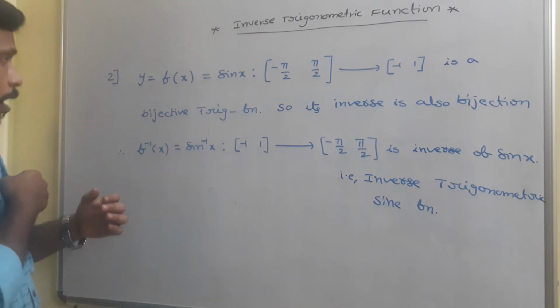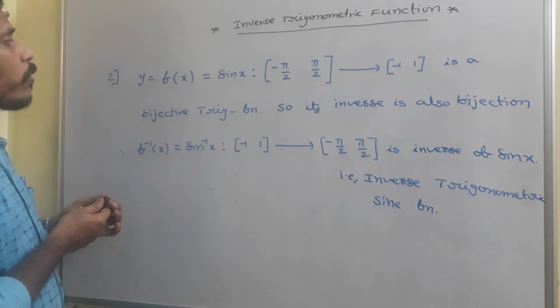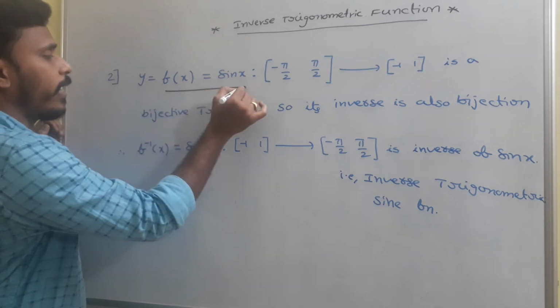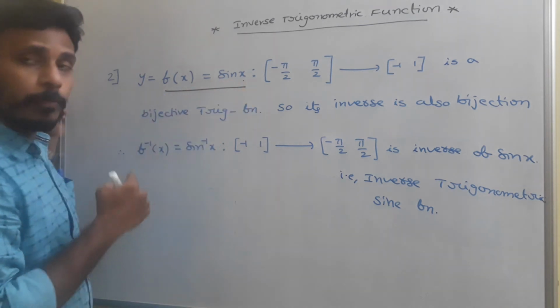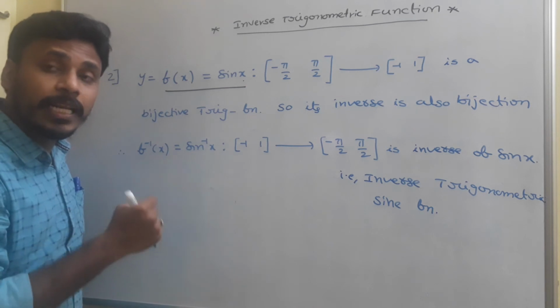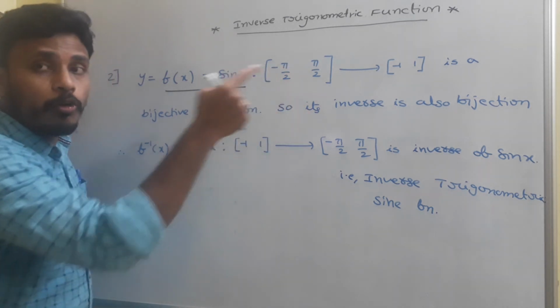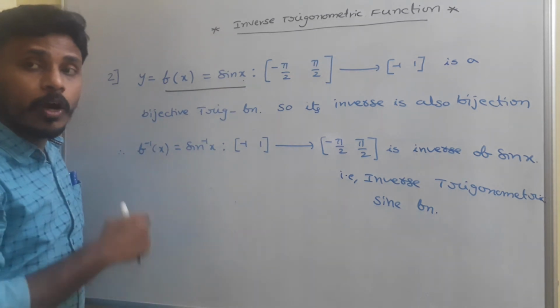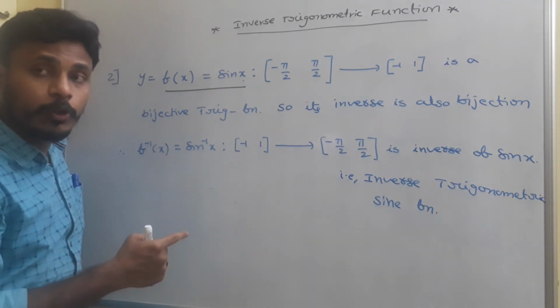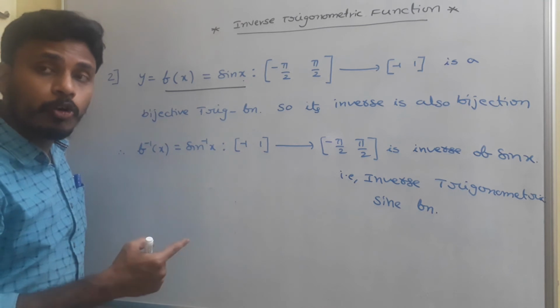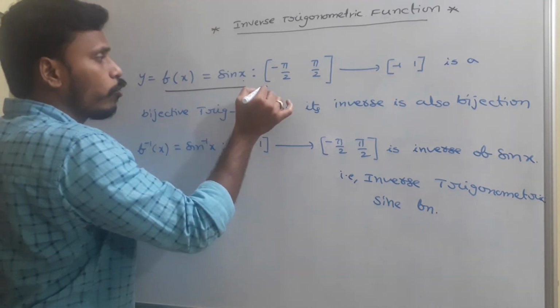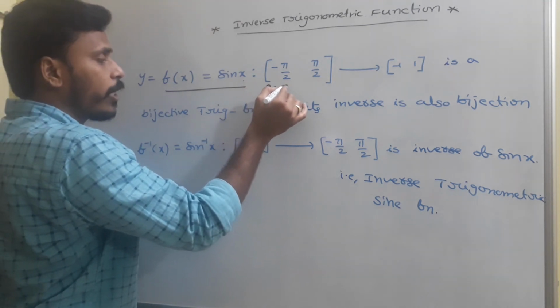Just have a look. When you think about y is equal to, or f of x is equal to sin x, this x is the input, and those inputs are real angles, okay, real angles, whereas the output is from minus 1 to 1, the f of x and the y values are the outputs, where the outputs are real numbers, okay. You need to make sure about all these things.